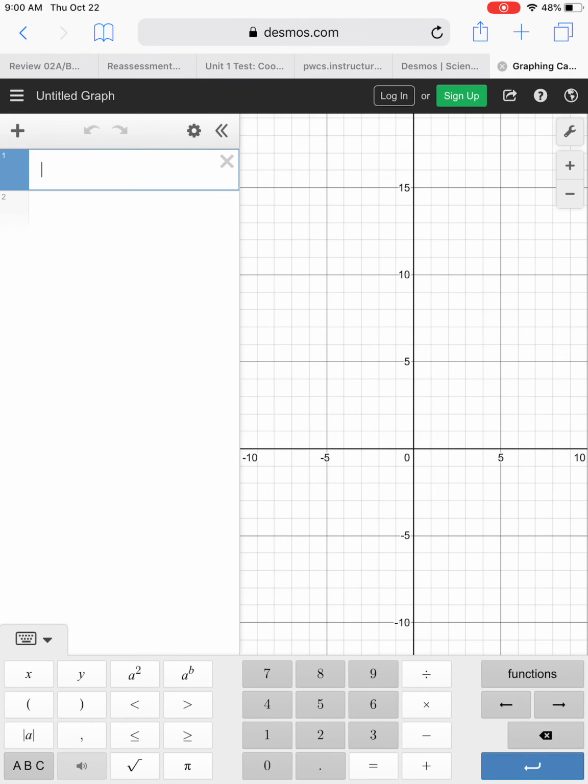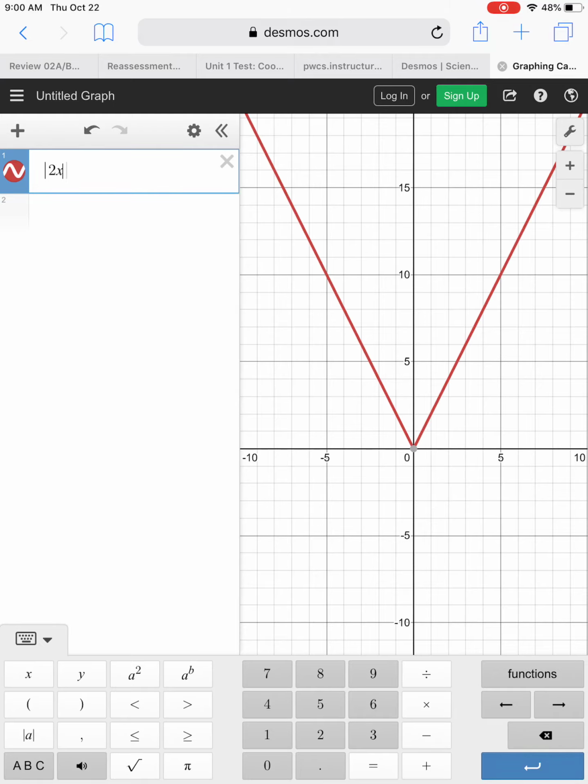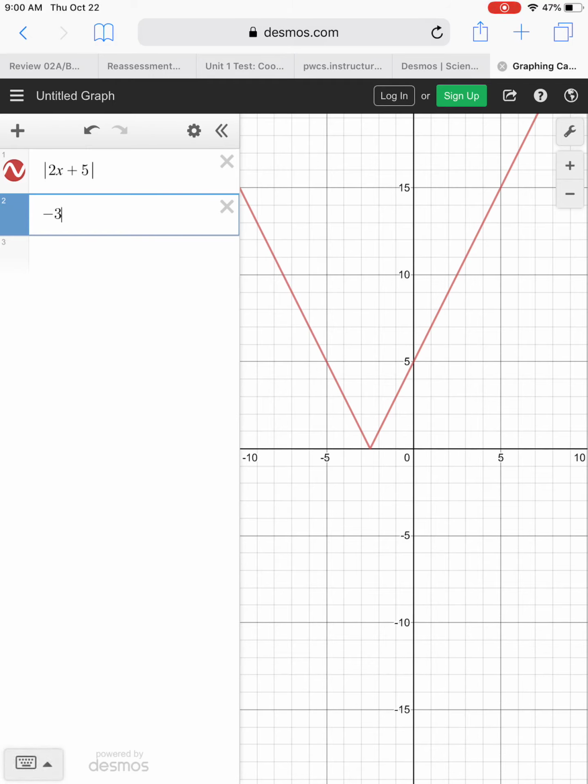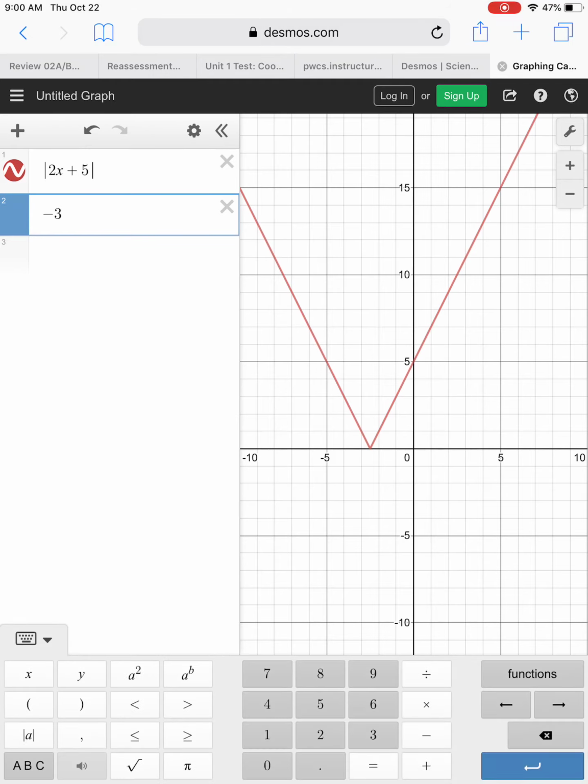So you could also put in the absolute value of 2x plus 5, and then the other side was 3x plus 4, I believe.